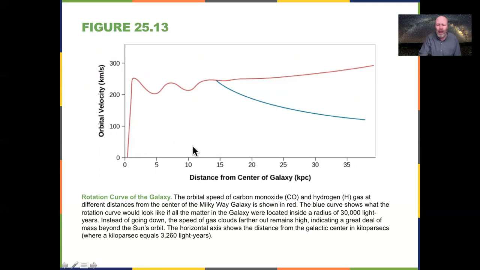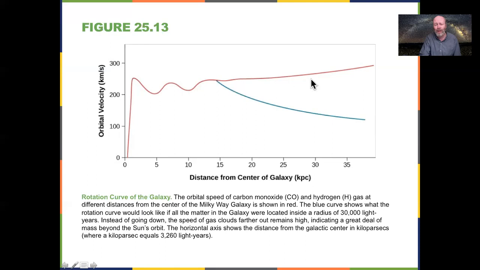When we're looking at the rotation of our galaxy, we should be getting slower and slower and slower, this blue line here, as you get further and further from the center. We have this sort of up and down here because there are concentrations and clumps of material that are influencing each other. But as we get further and further away, it thins out, and so it should be going slower and slower.